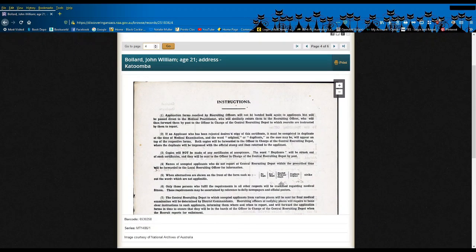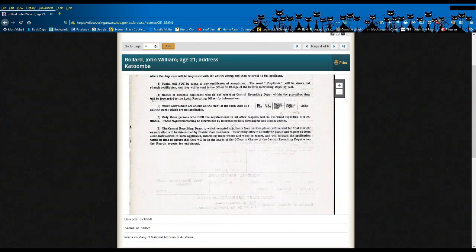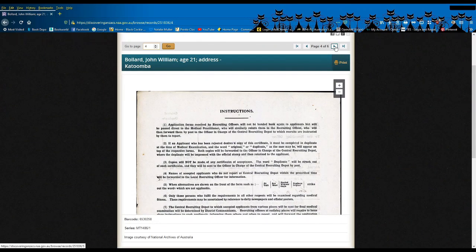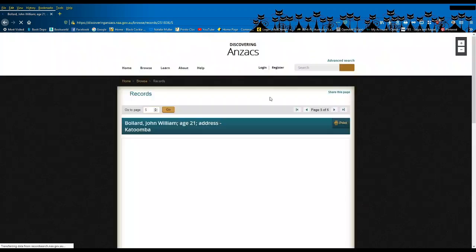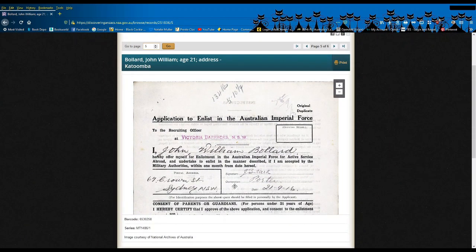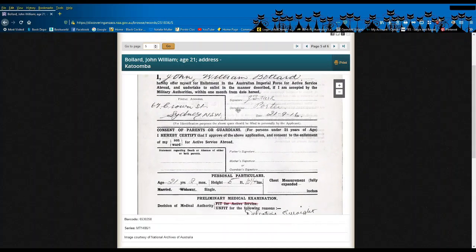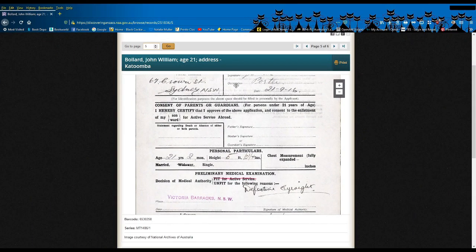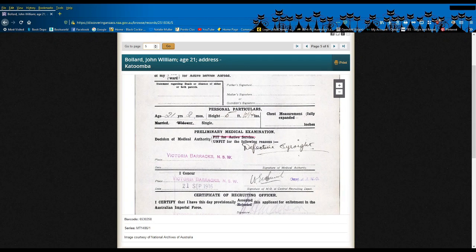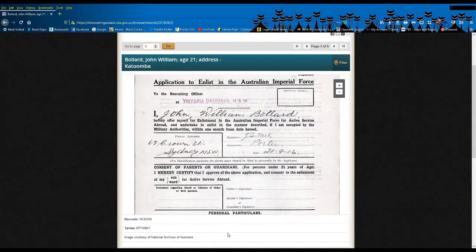Some of the pages are just printed forms, others have actual information on them. Then once we go from there, this is another page of it. There are lots of pages through it. So again, we see that he was knocked back because of his eyesight in this. It also gives one of the other interesting, so he's 21, it also gives an idea of how big people were. People were a lot smaller.